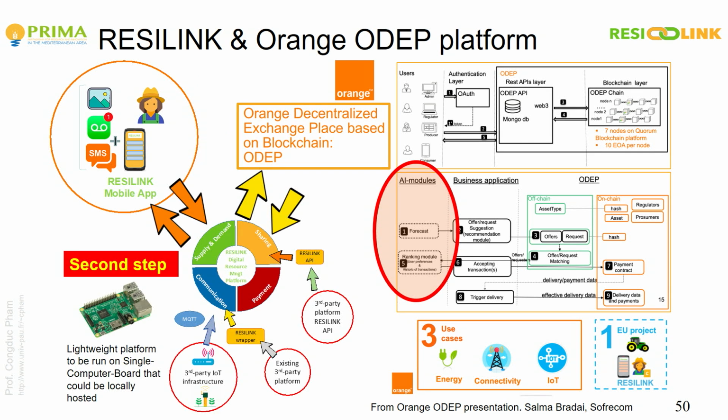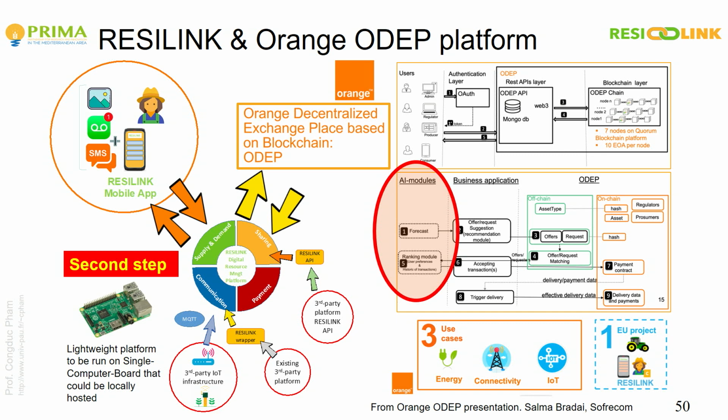And the second step is to be able to plug into our infrastructure a dedicated platform where we're going to add more features that were not specifically taken into account by the original Orange decentralized exchange place.